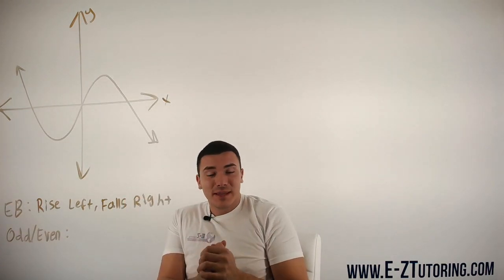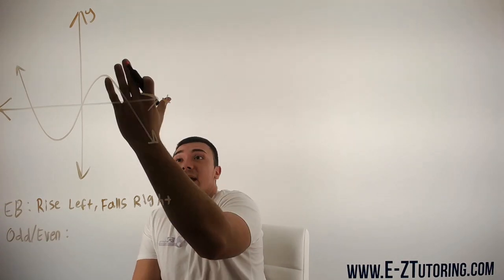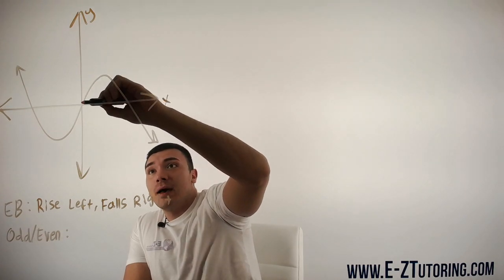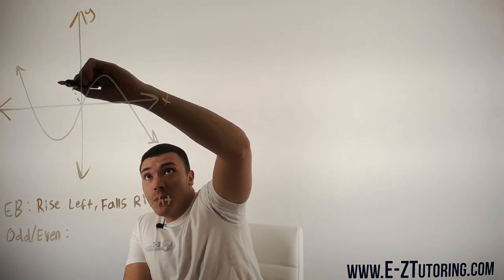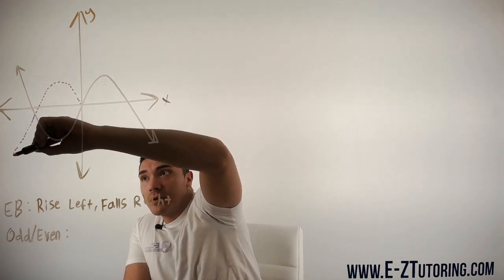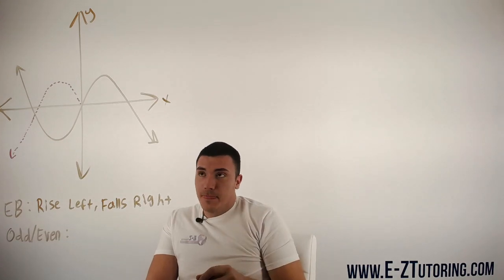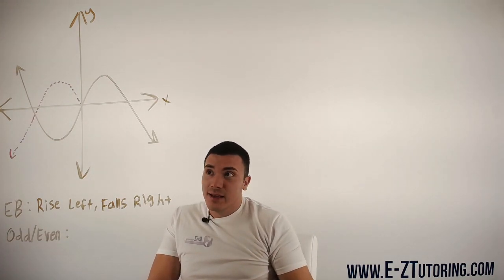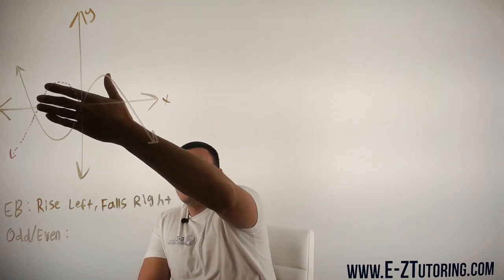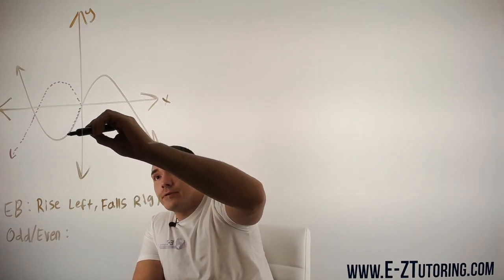odd. What that means is if you take your function and you flip it about the y-axis, like so, we'll get this image. Now clearly, this image does not look like that image. But now if we take it again and we flip it about the x-axis, now we get this image.